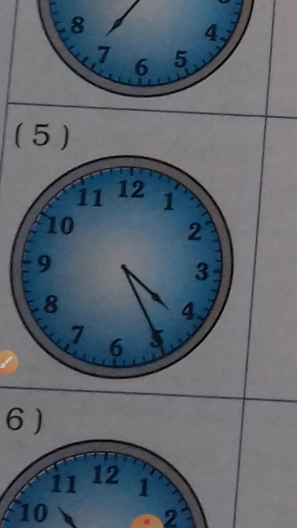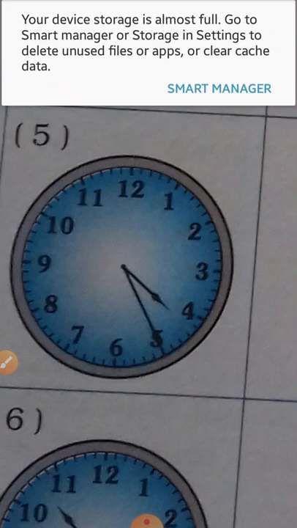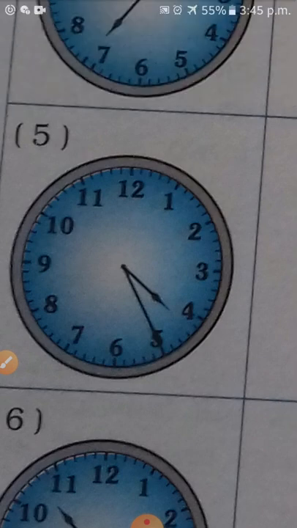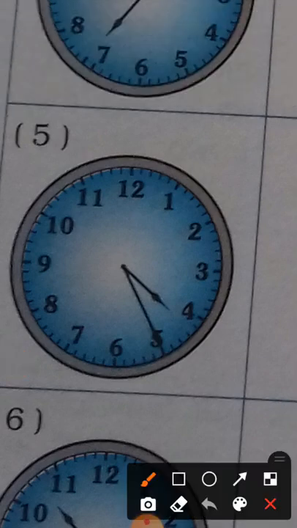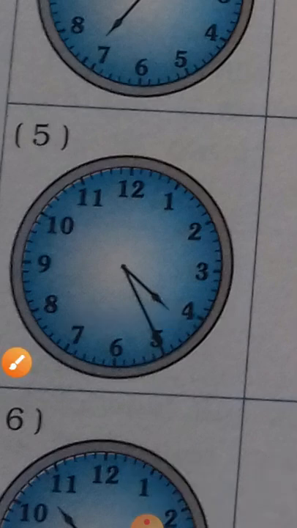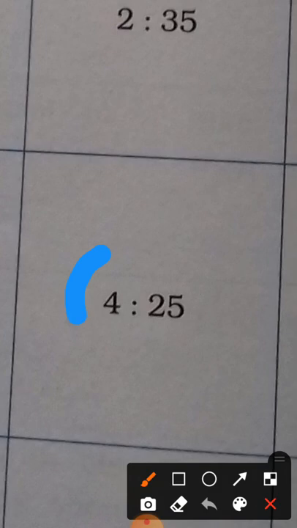So 5 fives are 25. So it is already 4 o'clock and 25 minutes. So we make a circle on 4:25. Yes, here it is.